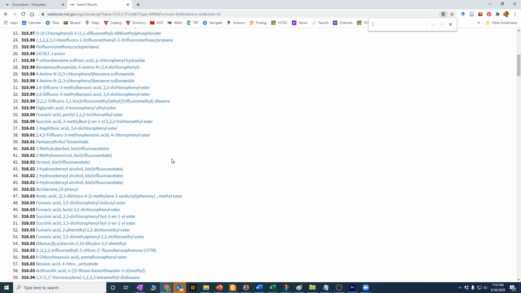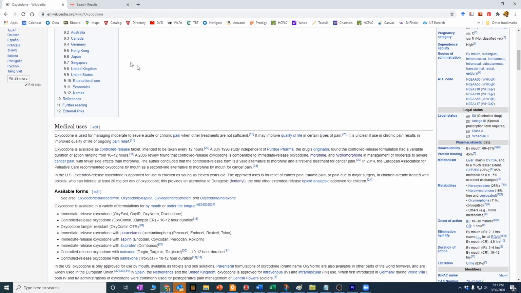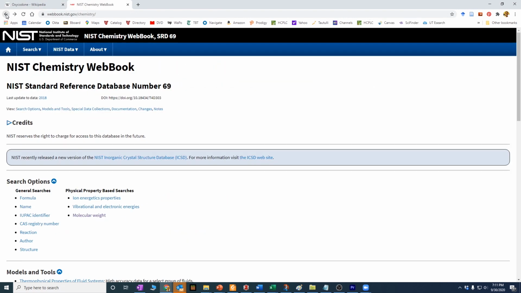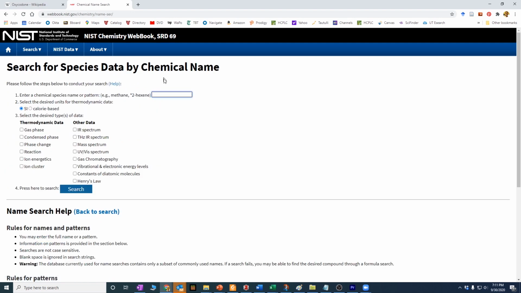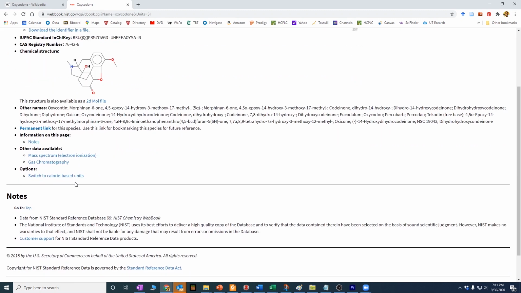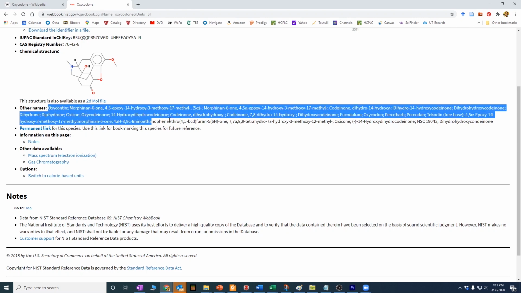It might be under a different name. Yeah, so it was on that list, but they must have had it under a different name, maybe the IUPAC name or one of these names.